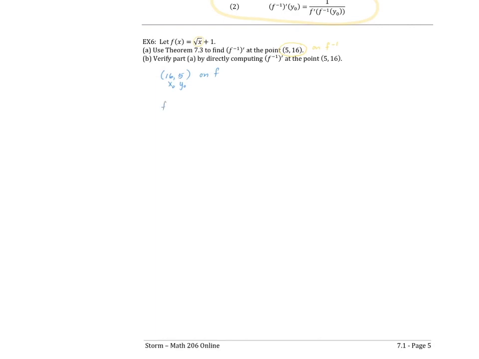So I need to find the derivative of my function f, and that's going to be equal to 1 over 2 times the square root of x. If I evaluate this derivative when x is equal to 16, that's going to be 1 over 2 times the square root of 16, which is 1 over 8.